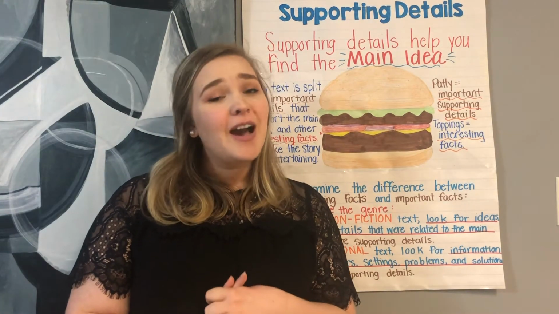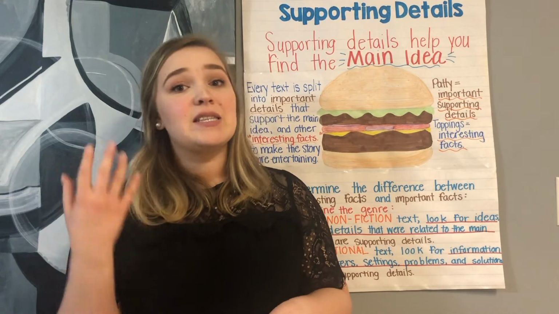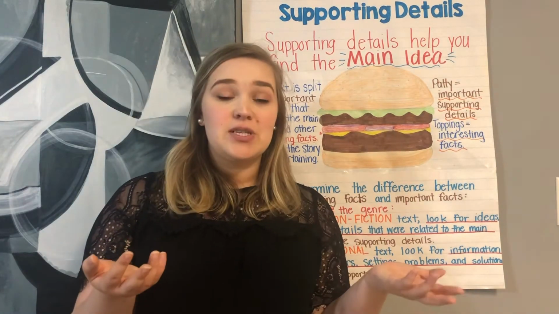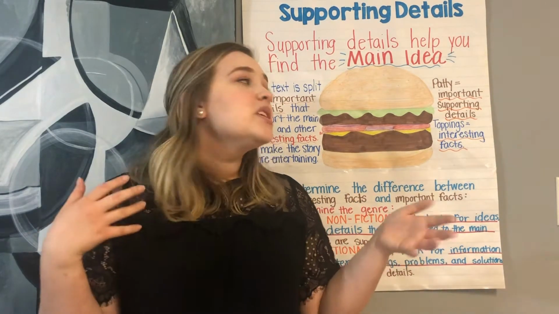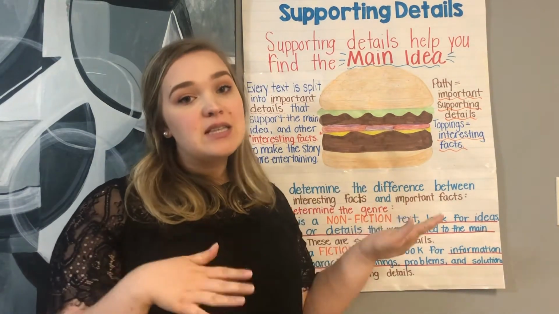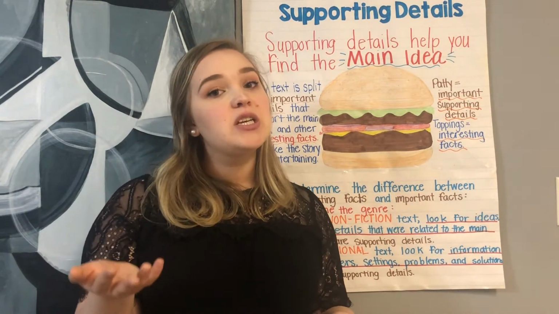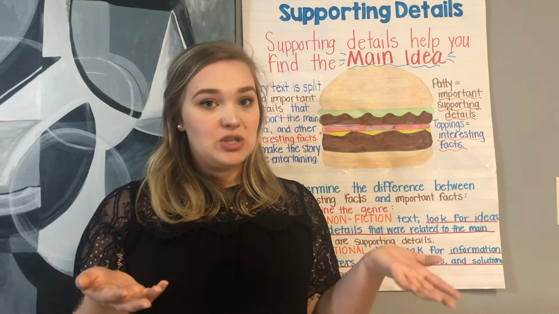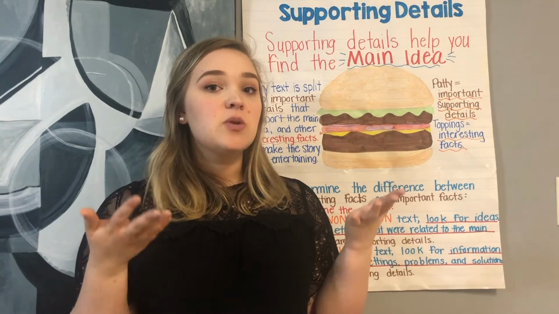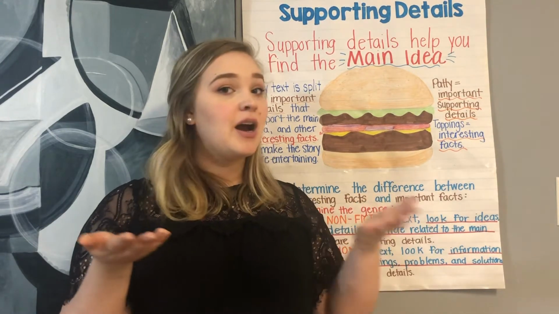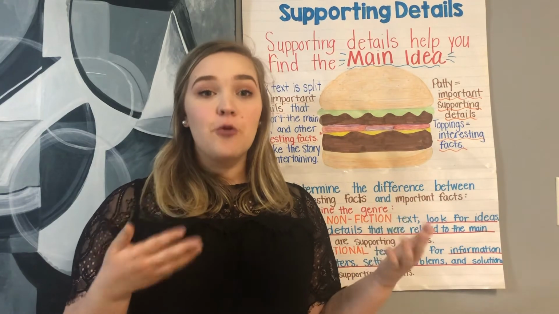So it can be kind of hard to figure out what the difference is between a supporting detail and an interesting fact, or an important detail and an interesting fact, all right? So the very first thing you want to do is decide, am I reading a nonfiction story or a fiction story? Because the things that you are going to look for in each kind of story for supporting details are going to be a little different.